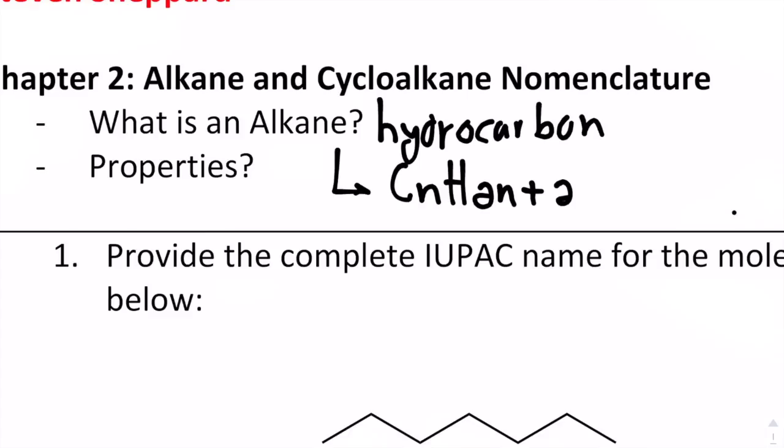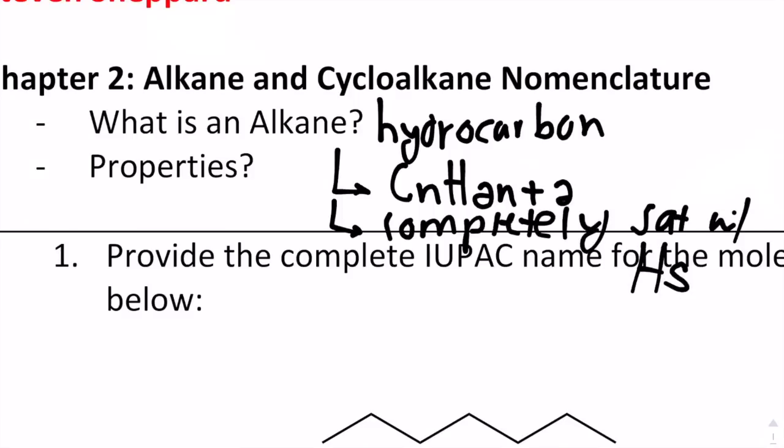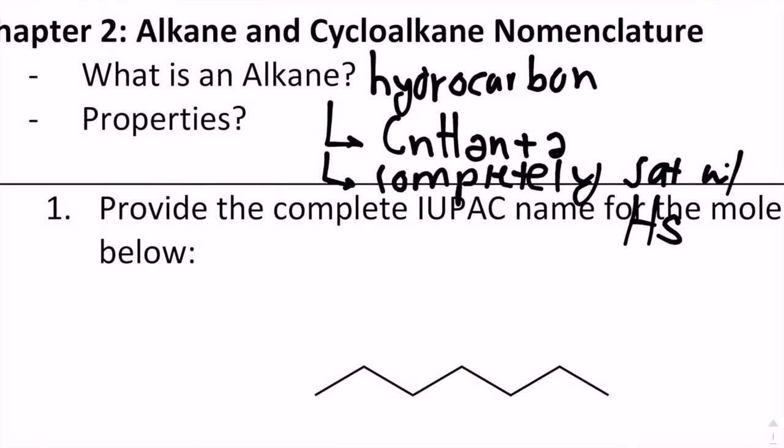In addition, it's also said that alkanes are completely saturated with hydrogens. And what does that mean? Well, if we look at this molecule below, before even naming it, at every given point in this molecule that could possibly have hydrogens, it will have hydrogens. So we said that carbon's bonding pattern likes 4 bonds, right?